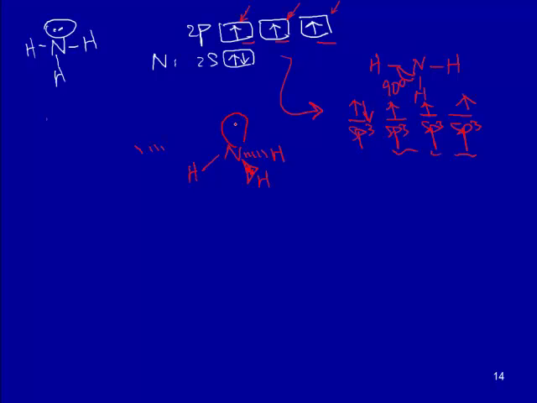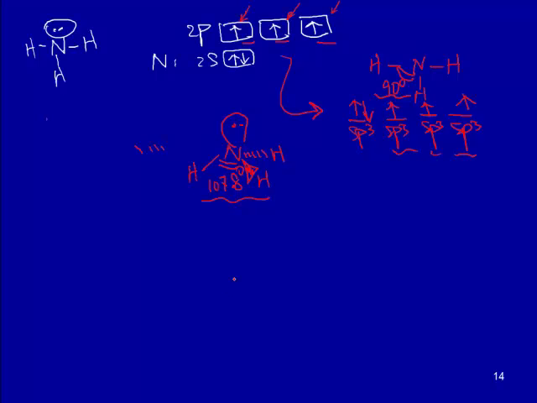And now you can see the other apex of the tetrahedral is occupied by the lone pair. The bond angle here will be 107.8. This situation is a lot better than the 90-degree bond angle.